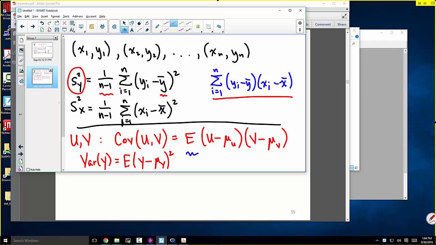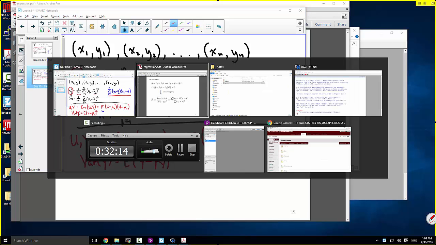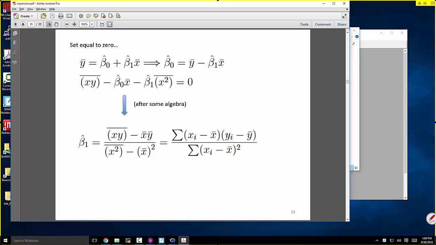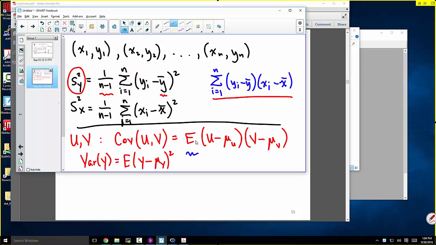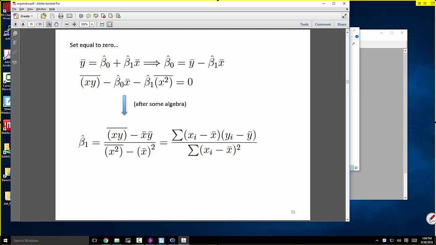So this piece right here shows up in the expression for beta 1 hat. It's in the numerator. And what's in the denominator looks like this piece. So if you forget about the constants that go out front, dividing by n minus 1, if you took the ratio of those two terms, the covariance of y and x divided by the variance of x, that's what beta 1 hat is.